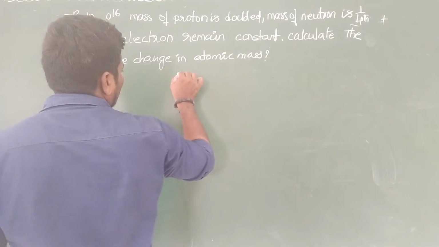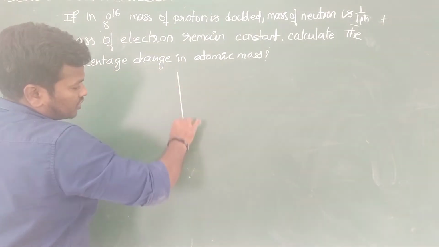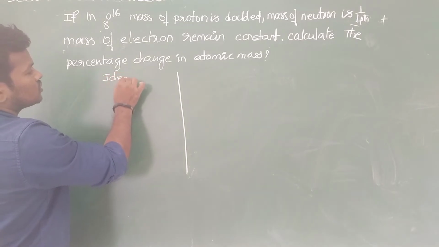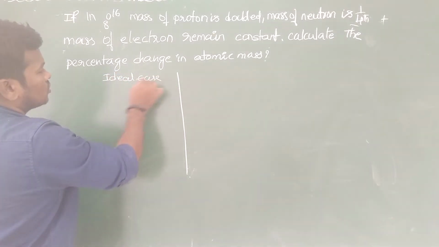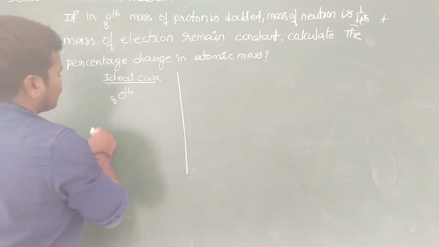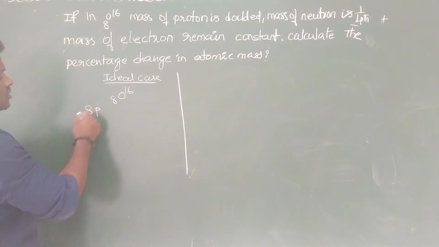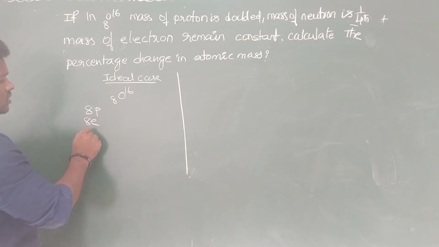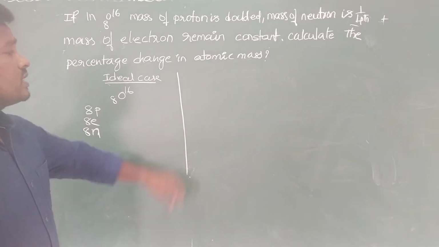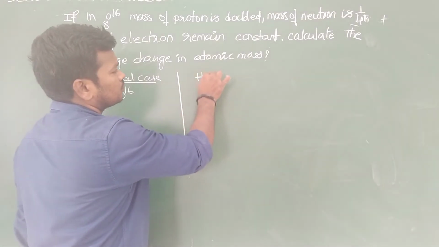Here you can observe that two types of cases are there. The first one is the ideal case, that means the original case. The given element is oxygen, 8O16. Here 8 protons are present, 8 electrons are present, 8 neutrons are present. This is the ideal case, the original case. So what is the hypothetical case here?